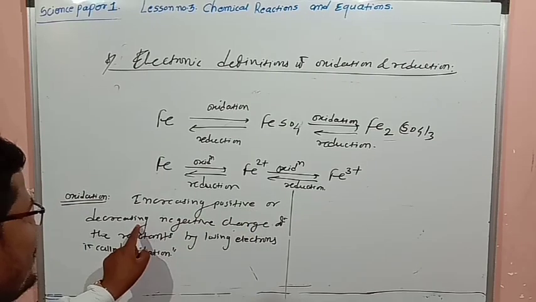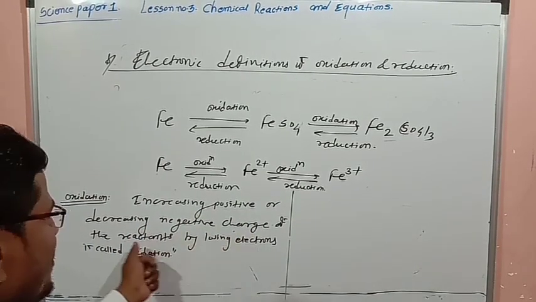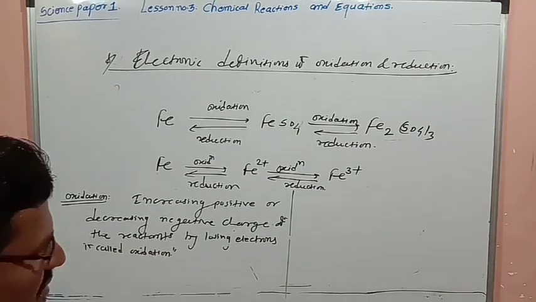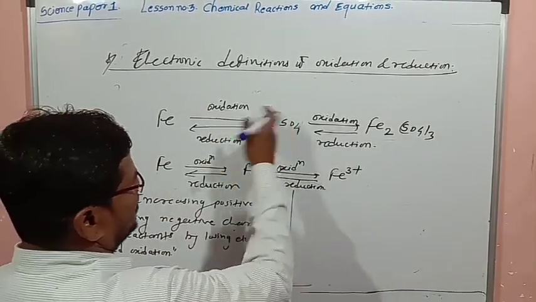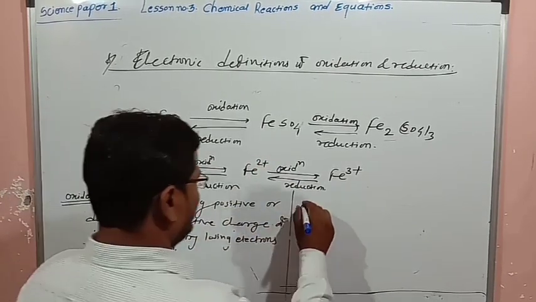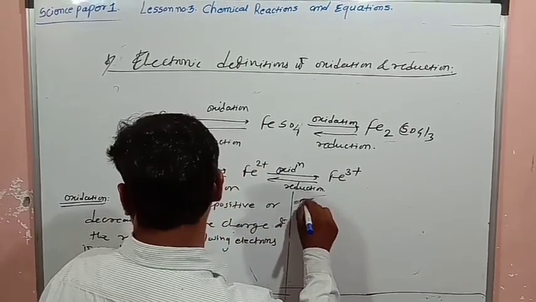Increasing positive charge or decreasing negative charge of the reactant by losing electrons is called oxidation. So when oxidation takes place, the positive charge increases.